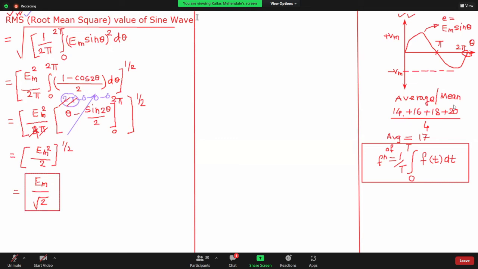Okay, so our next objective is to find the average value of a sine wave. You will see that some part of that we have already done. Now a word of caution.